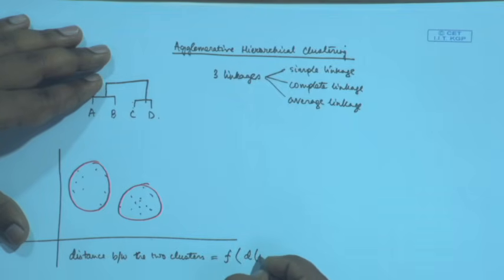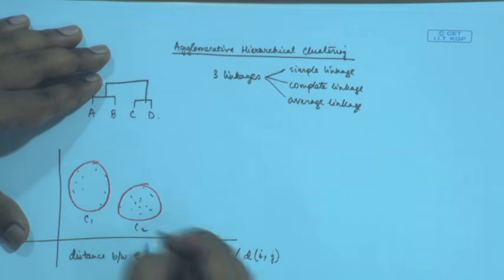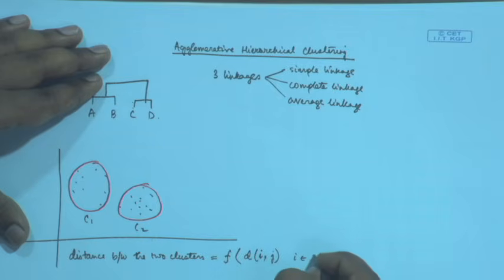Say the clusters are C1 and C2, where i is coming from C1 and j is coming from C2.